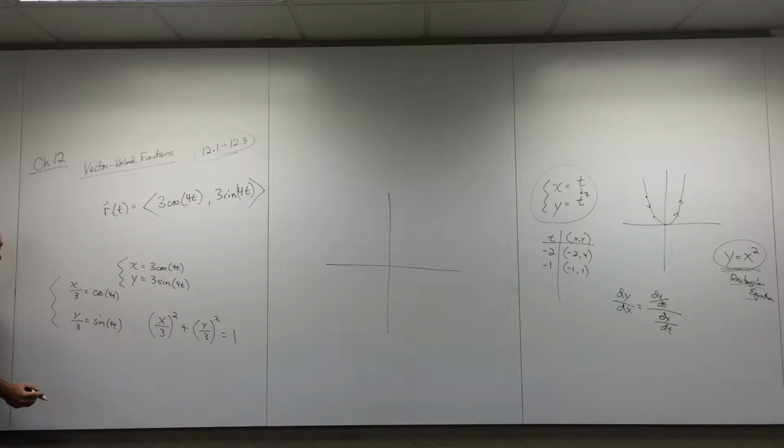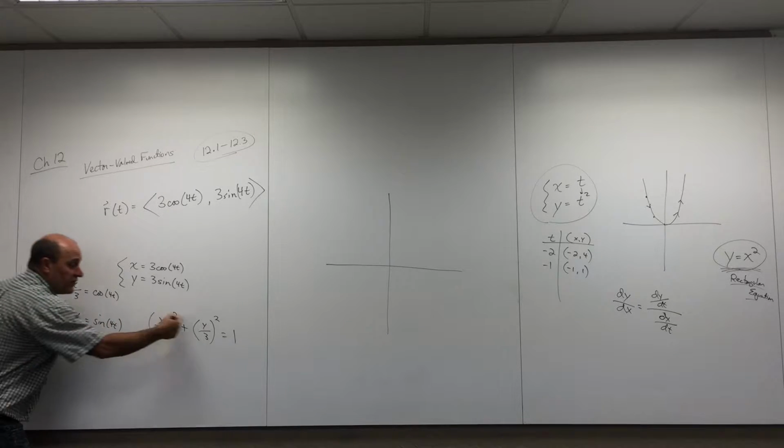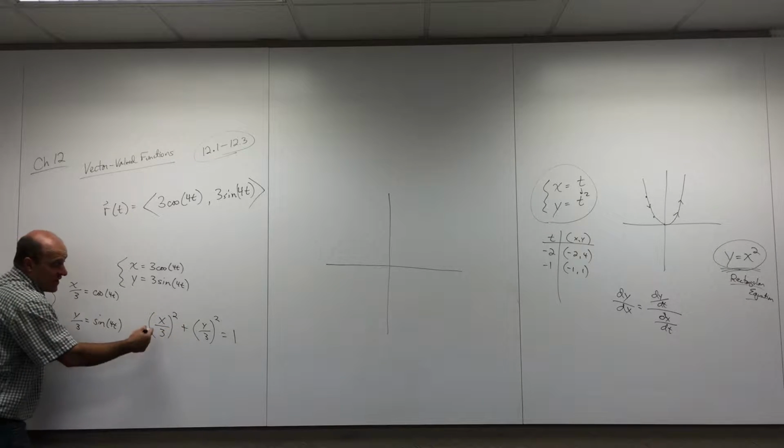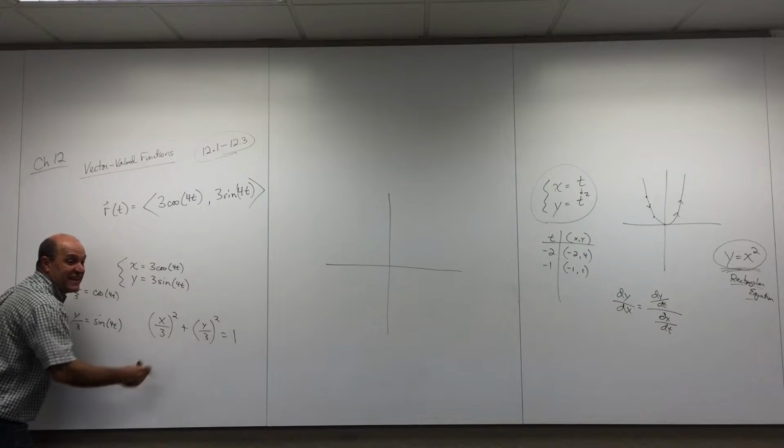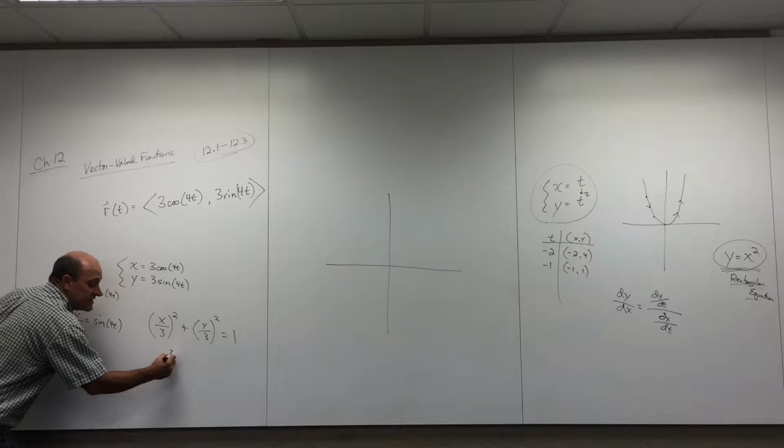Are you guys okay with that? I've just eliminated the parameter t using trig identities, and what I have is a rectangular equation. It's x squared over 9 plus y squared over 9 equals 1. If you multiply the 9 to the other side, it's x squared plus y squared equals 9.